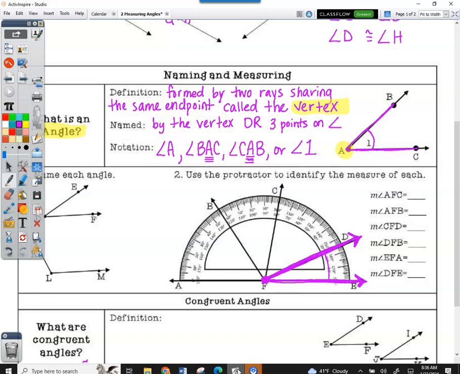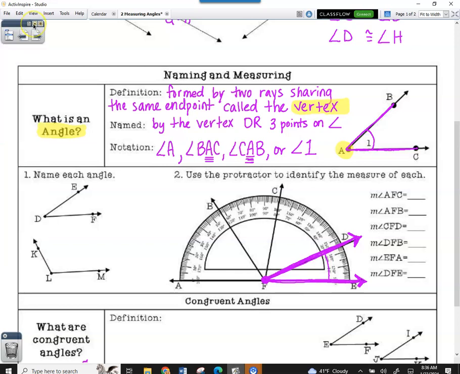Let's practice naming these angles that are over here. Number one, you have two angles. I want you to name them three different ways. It has to do with the letters. There's no floating number.